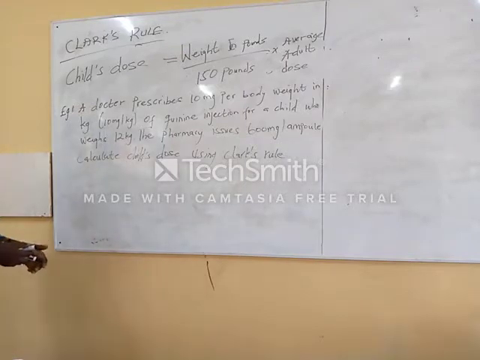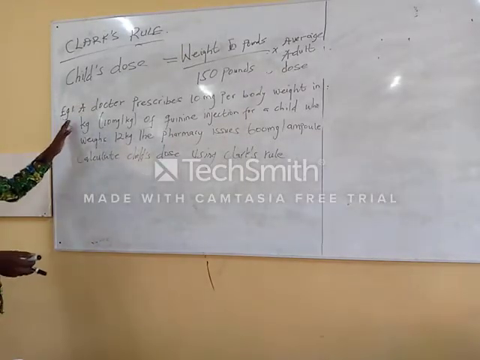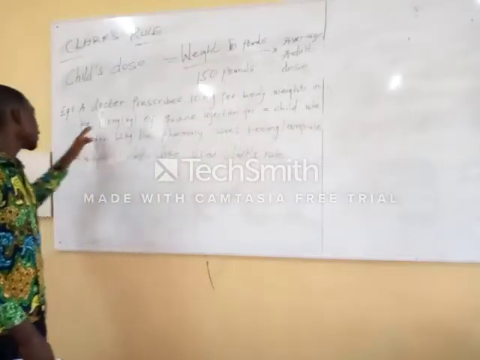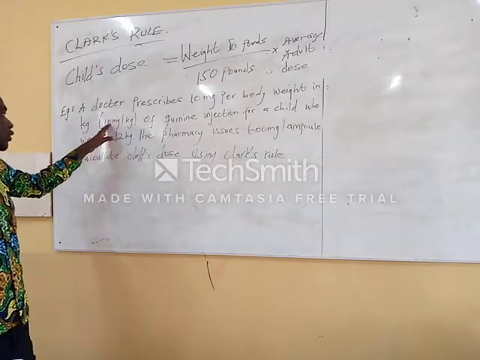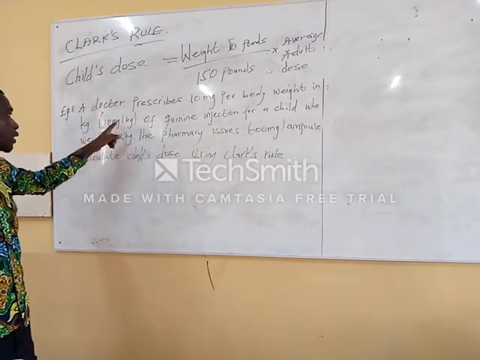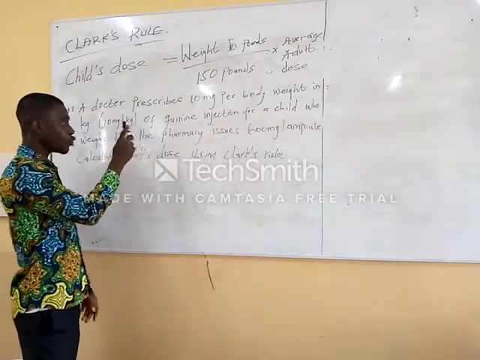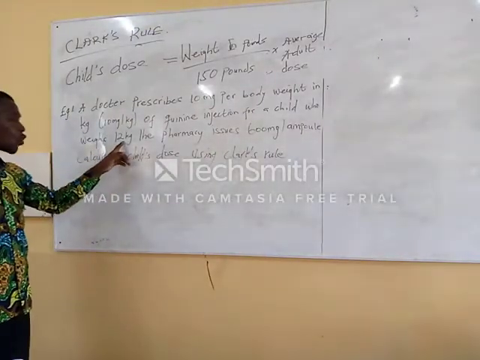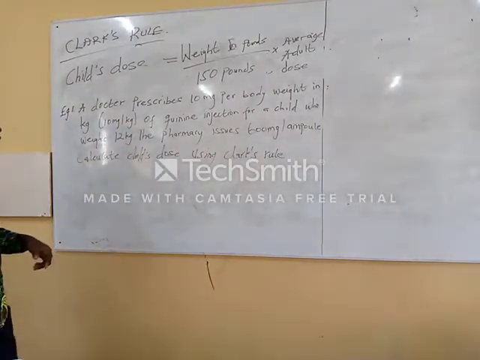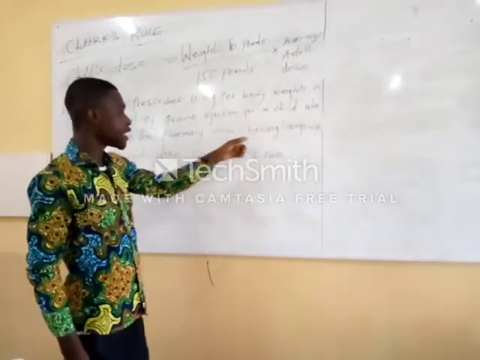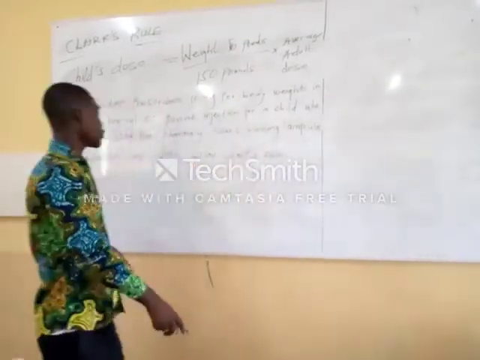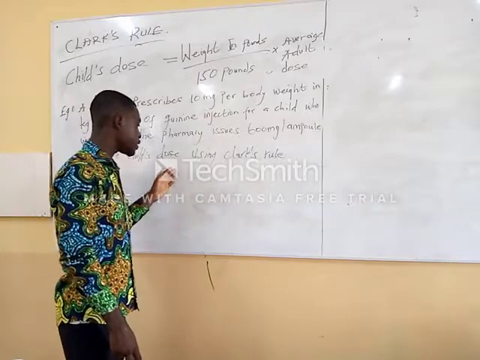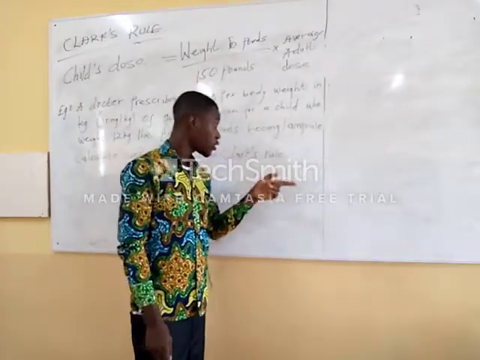We have an example here which states that a doctor prescribes 10 mg per body weight in kilogram, that is, 10 mg per kg of quinine injection, for a child who weighs 12 kilograms. The pharmacy issues 600 mg per ampoule. Calculate the child's dose using Clark's rule.